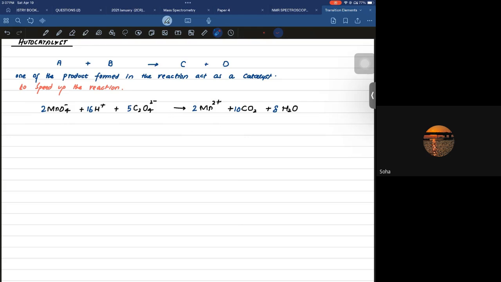What's the effect of carbon monoxide on the health of the human body? Carbon monoxide reacts with hemoglobin and forms a complex, carboxyhemoglobin. That complex is responsible for stopping the blood circulation, and as a result, the person would die.